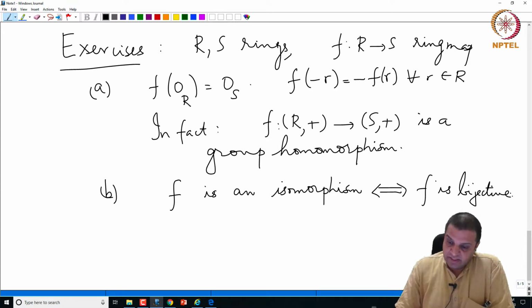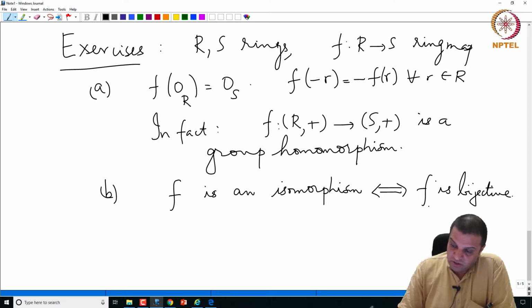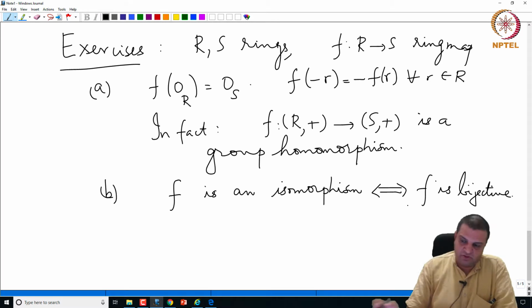The point of this exercise is, if f is an isomorphism, then there is a g with composites the two respective identities, so that will automatically make it a bijective function. But the content is in the other direction, that if f is a bijective function, then the inverse function is a ring homomorphism, and then it has the desired properties. So please check that.